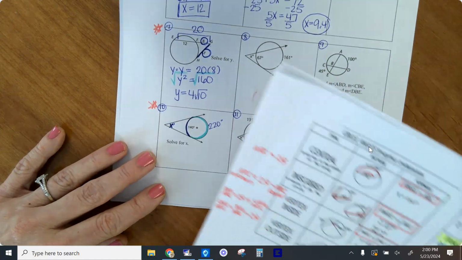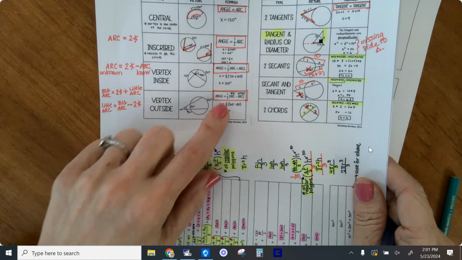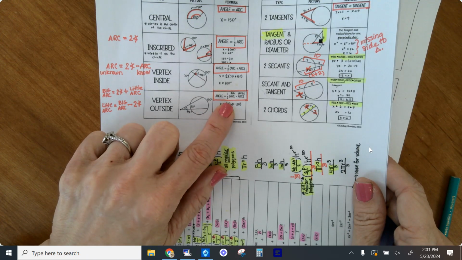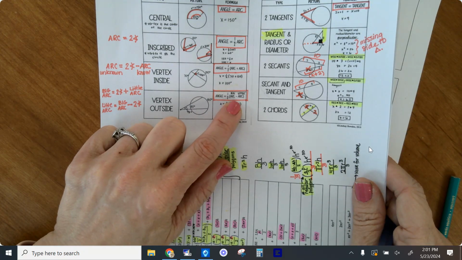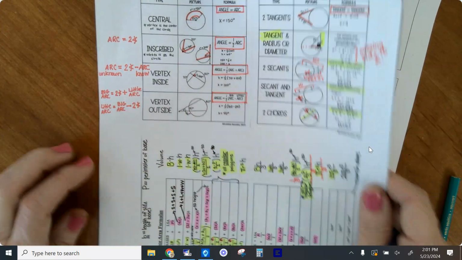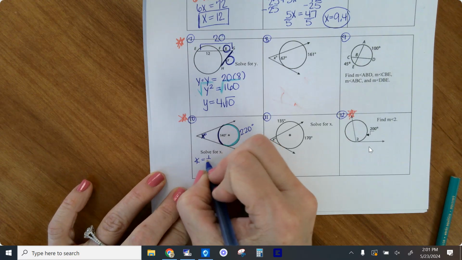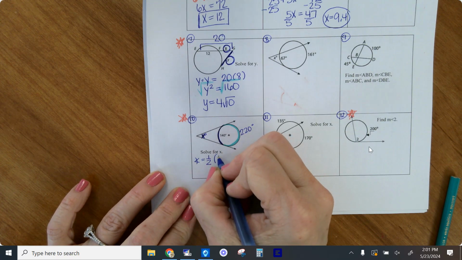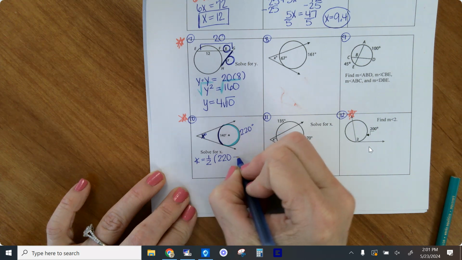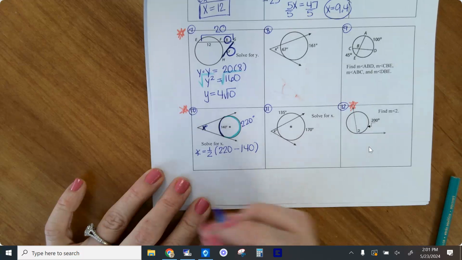So we're talking about angles, and it says that the angle is half of the big arc minus the little arc. Remember I wrote all this down yesterday for you? So my angle is half, and we put the big arc first, minus the little arc, and we take half of whatever that is.